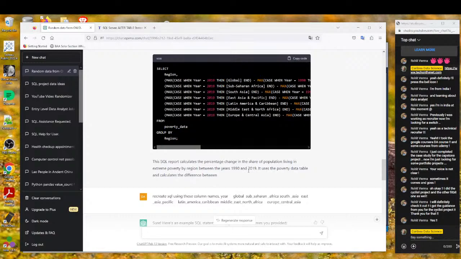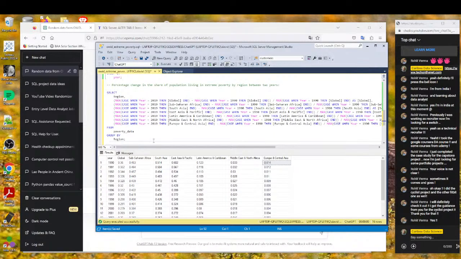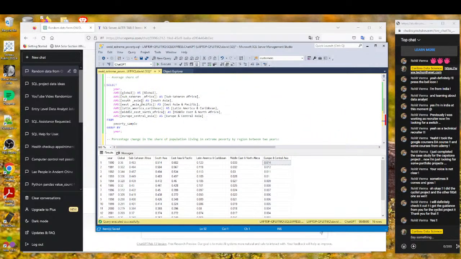So it uses the poverty table and calculates the difference between. This says the entire poverty table. Let's see. Right, but it's still... okay. Let's come back up here.